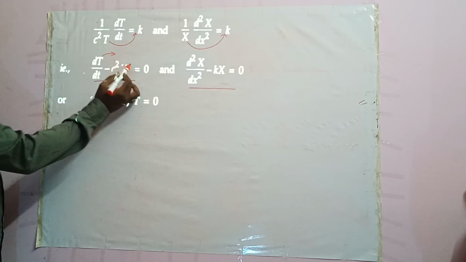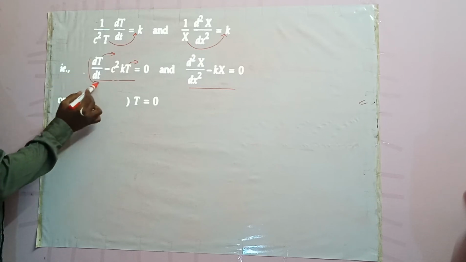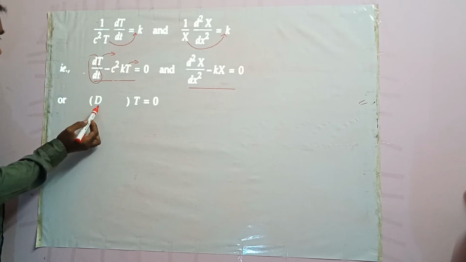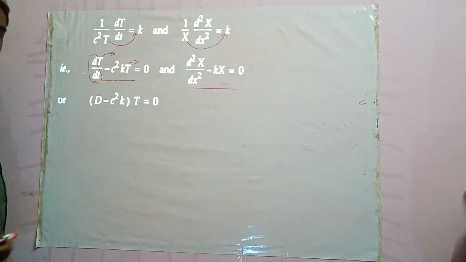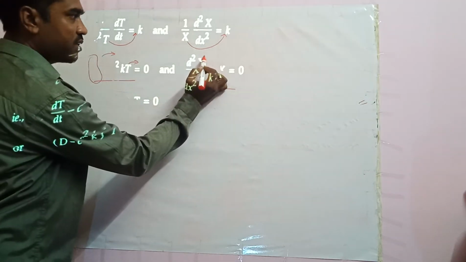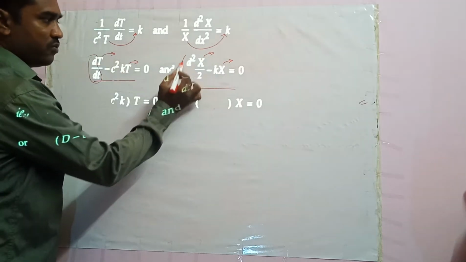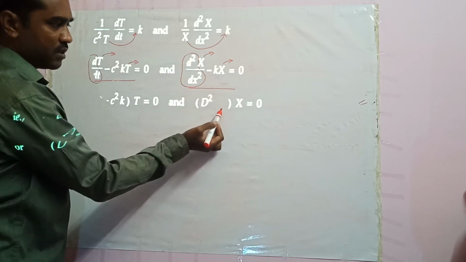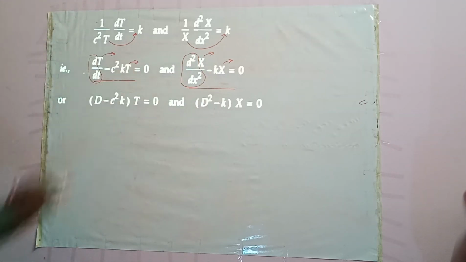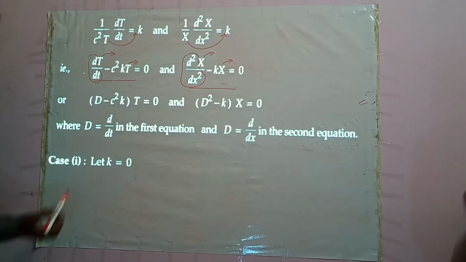T is taken out as common, and we denote this as (D − c² k) T = 0, and X is taken out as common, (D² − k) X = 0.